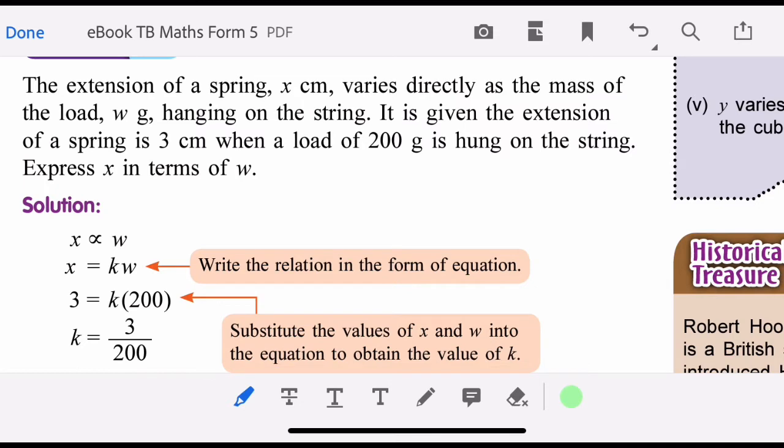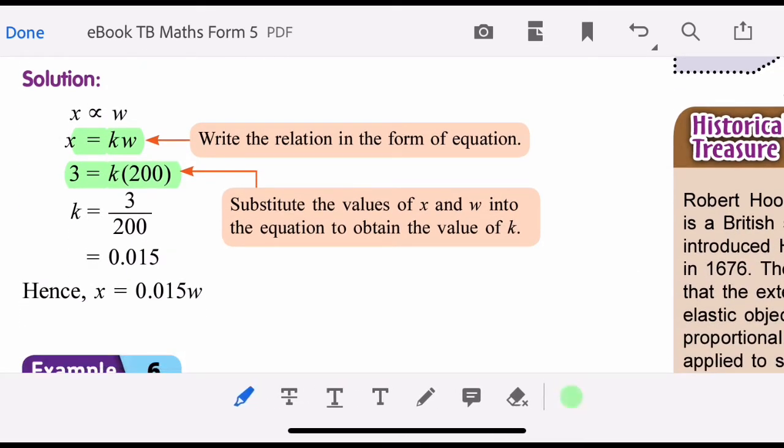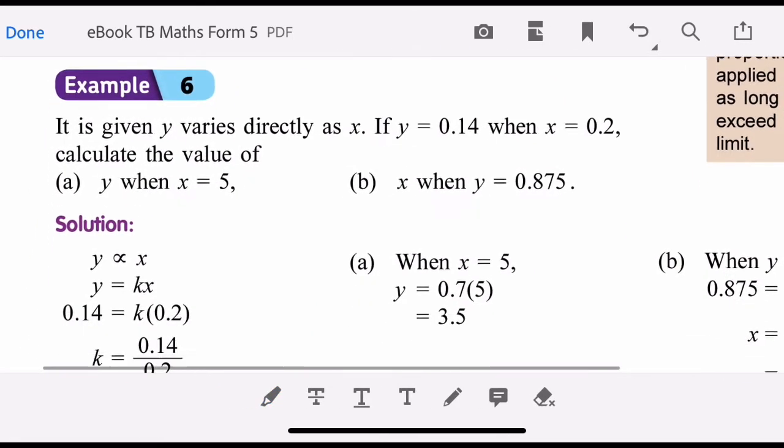Every time you do variation, you have to find the constant and write the relation in the form of an equation. Substitute the values of x and w into the equation to find k.